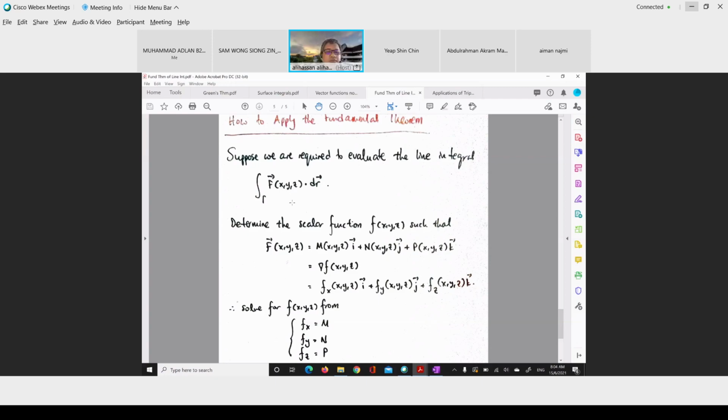Then there exists a potential function phi, or in this notation f, such that the vector field F is equal to the gradient of the scalar f.